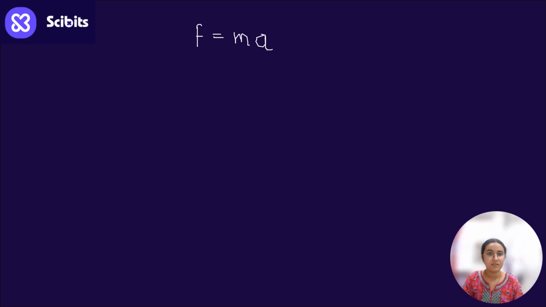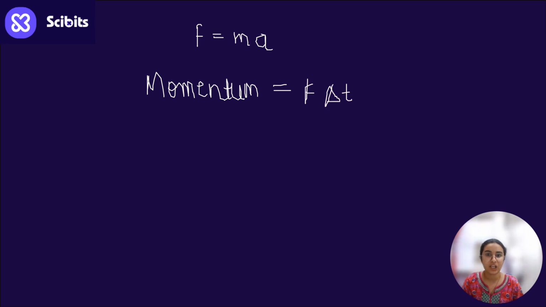And there is one more thing, that is momentum. So the momentum is, sorry, that was impulse. The impulse is basically force into change in time. That is equal to impulse.